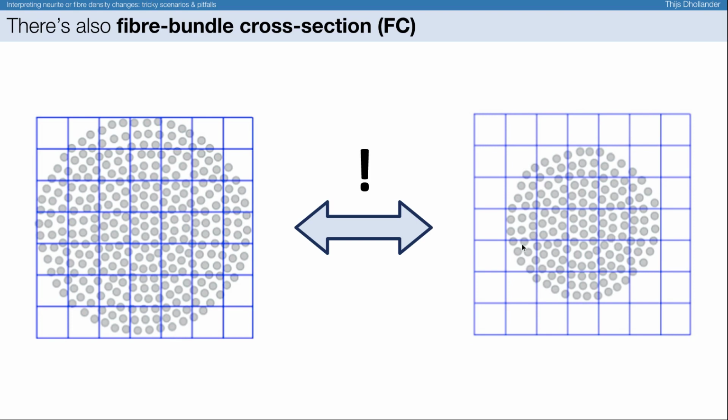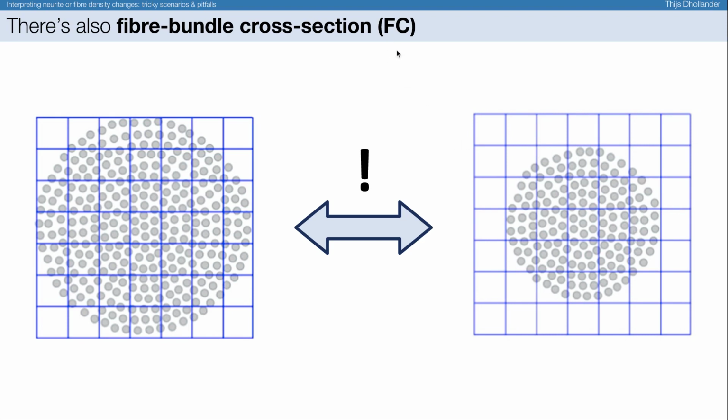And then we would compare their densities, and we would find no differences, because the fiber density indeed is not different. Yet, if I were to ask you between this and that bundle, is there a different number of axons in there? Obviously, yes, but the different number of axons is clearly not present in the density, it's present in the overall size of the bundle, or more specifically in what we call the fiber bundle cross-section. Because here we actually cut through the bundle like we would cut a cable, and we look at its cross-section.